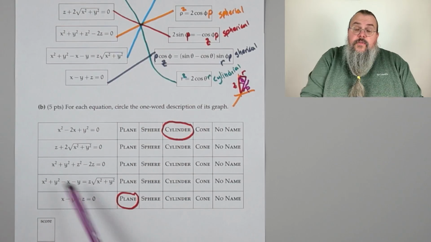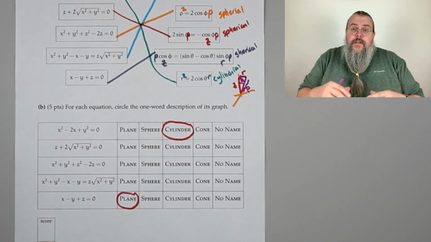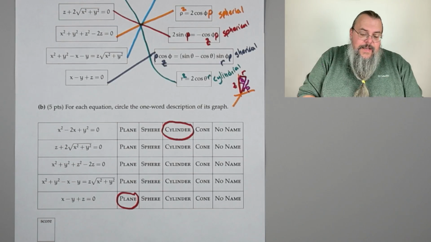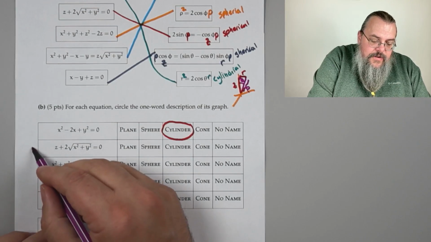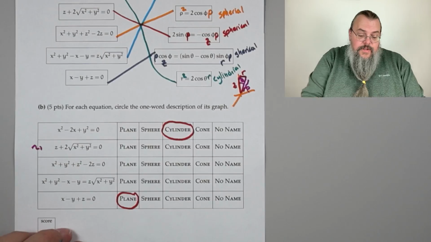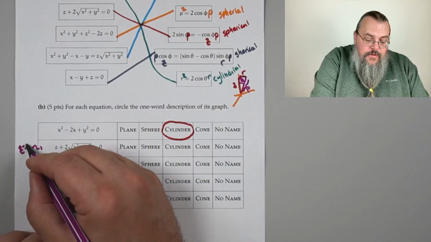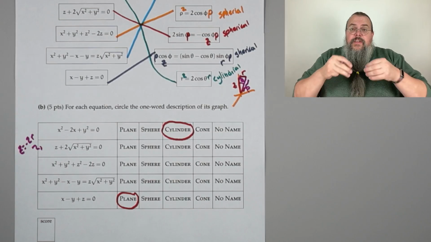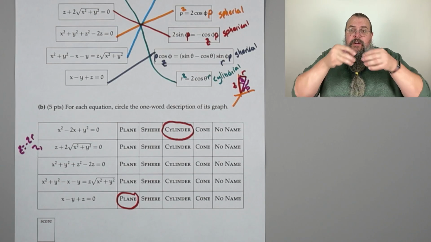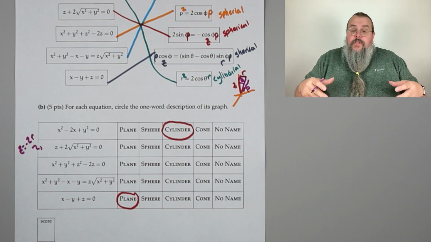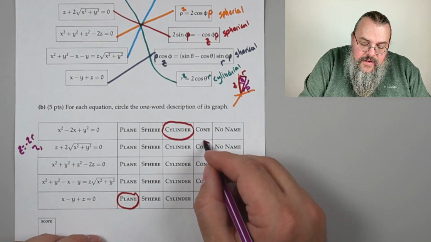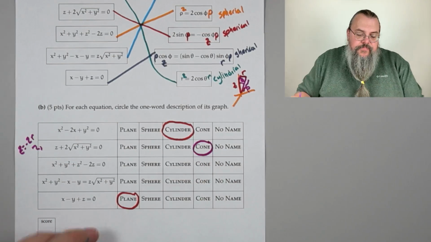So z equals the square root of x squared plus y squared, it's a cone. And if you rewrote this in terms of cylindrical coordinates, this is z equals minus 2r. And so what it says is that as you increase r, your z is going to, in this case, go down at a constant rate. This is a cone. It's an upside down cone.